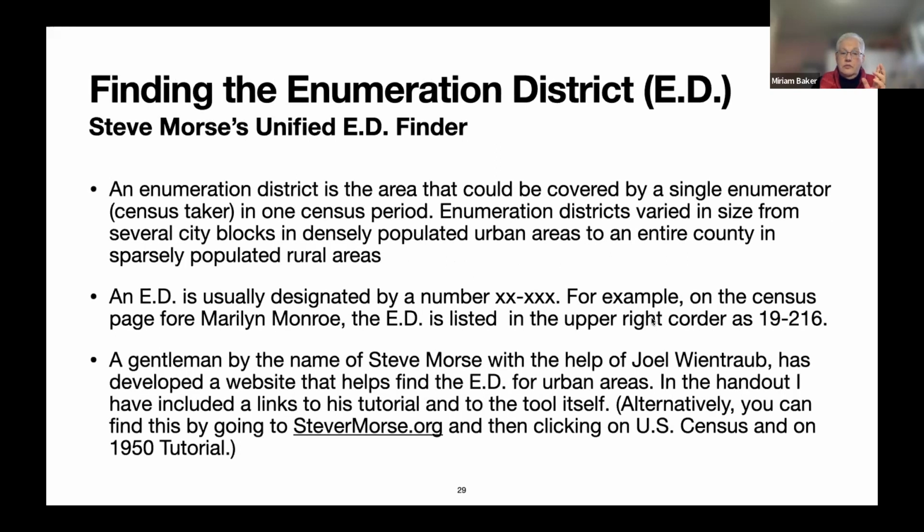Now, remember when we were looking at the census page, I talked about that funny number that was like 19-261, I believe it was. Well, that's the enumeration district, the area covered by an enumerator or census taker in one day.